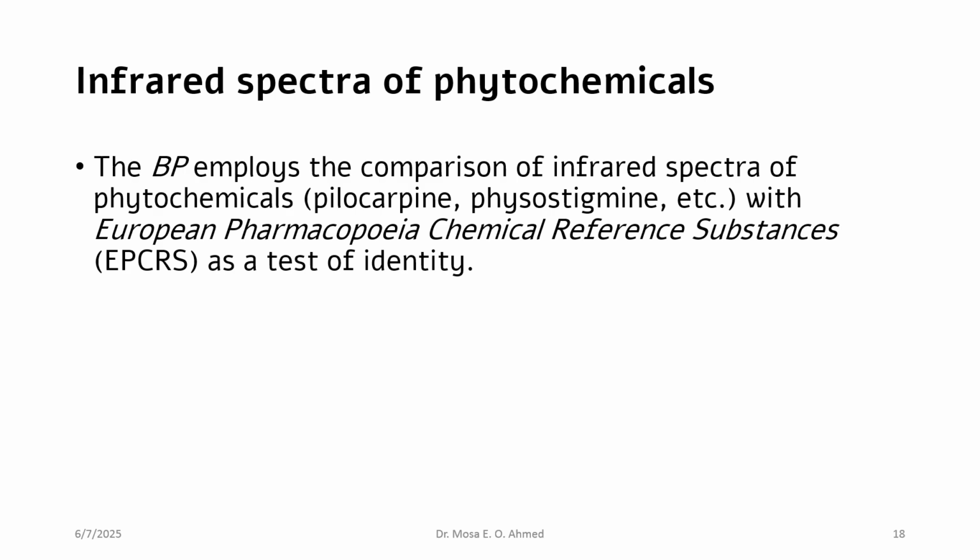IR spectroscopy is employed by pharmacopoeias to identify isolated natural products. For example, the British Pharmacopoeia uses the comparison of IR spectra for phytochemicals such as pilocarpine and physostigmine with European Pharmacopoeia chemical reference substances, abbreviated EPCRS, as a test of identity.